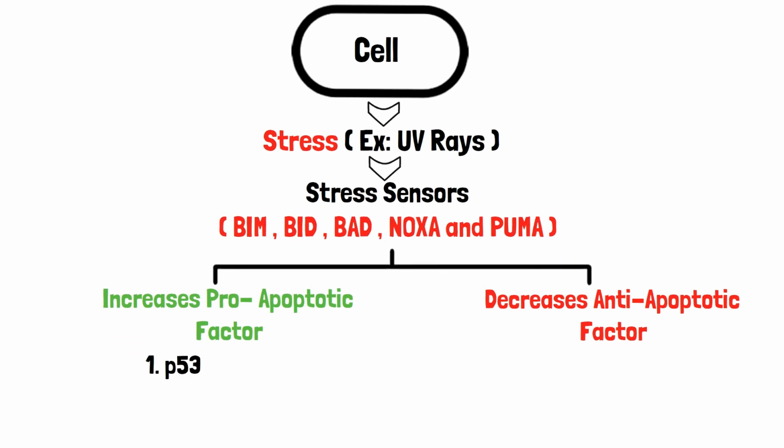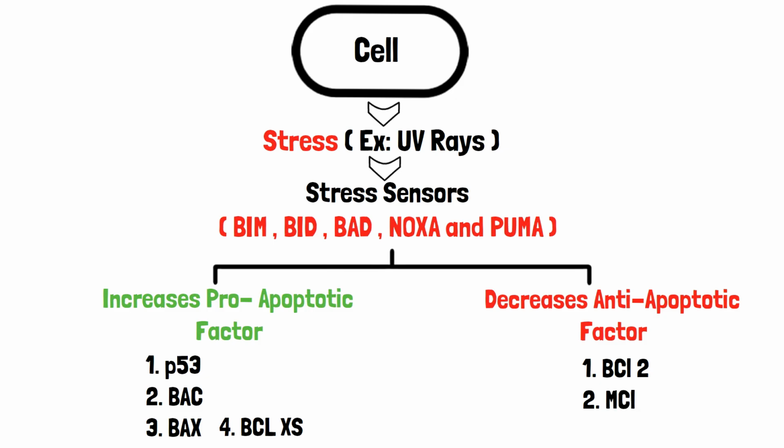The pro-apoptotic factors include P53, BAK, BAX, and BCL excess. Whereas the anti-apoptotic factors include BCL2, MCL1, and BCL-XL.